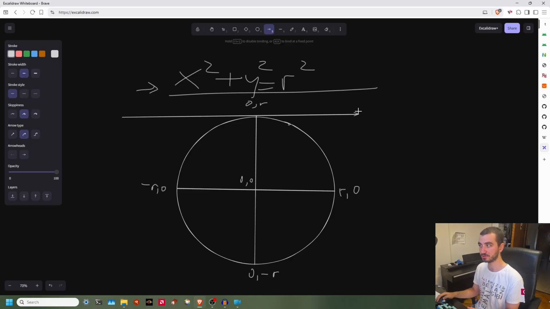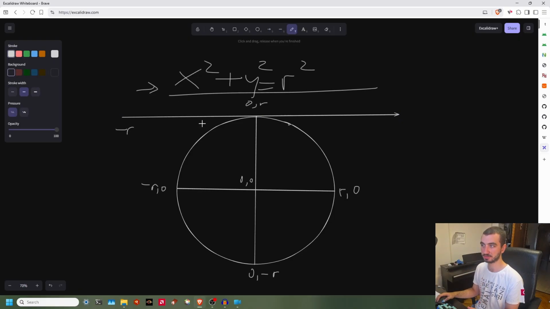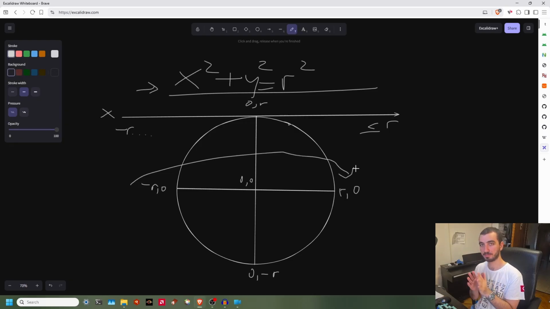We're going to be iterating from minus r until r. So our x position is going to start from minus r until and equal to r. We're going to be going through like this. But that's only the x position of the pixel, not the y position.